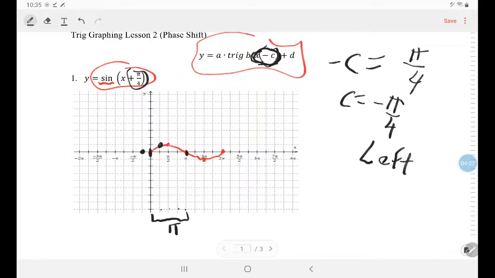This, one grid or pi over 4. And I just keep going, that little pi over 4 shift to the left, which gives me something like that. It's really not too bad.